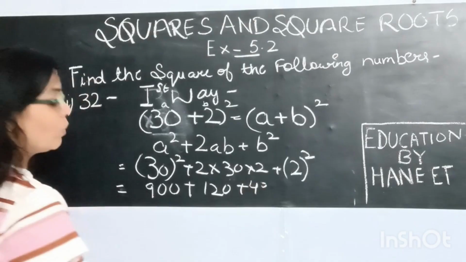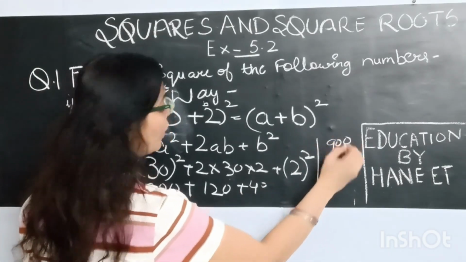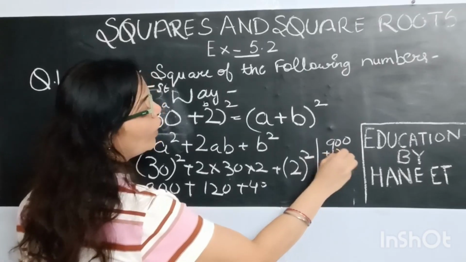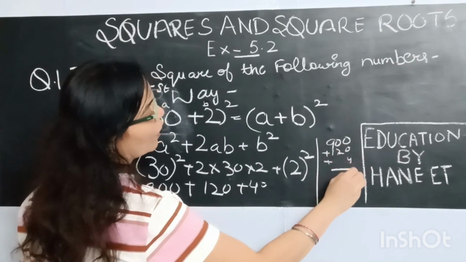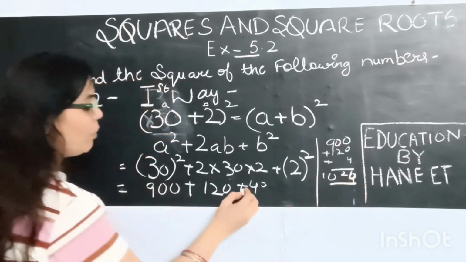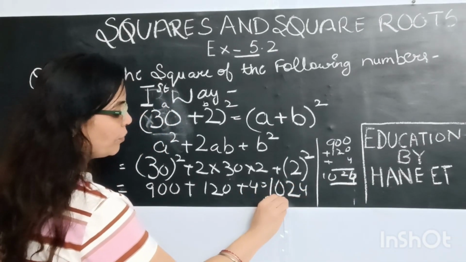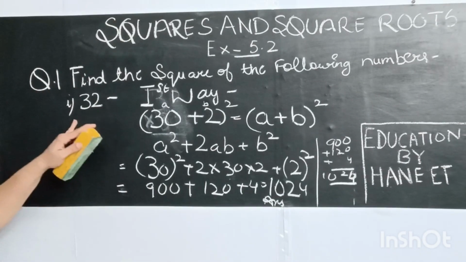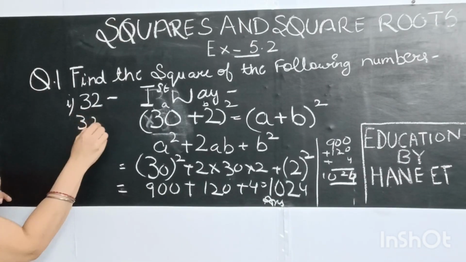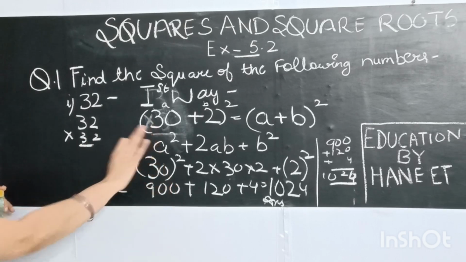So let's calculate 900 plus 120 plus 4. This will be 1024, right? And this is our answer. If you do it just this way, 32 into 32, then also you will find the same answer. Okay. So this is the first way.